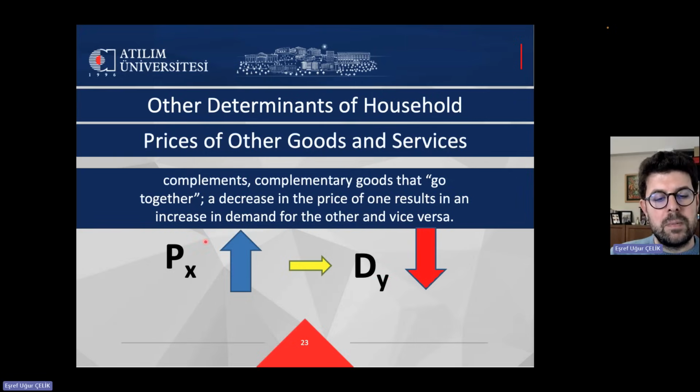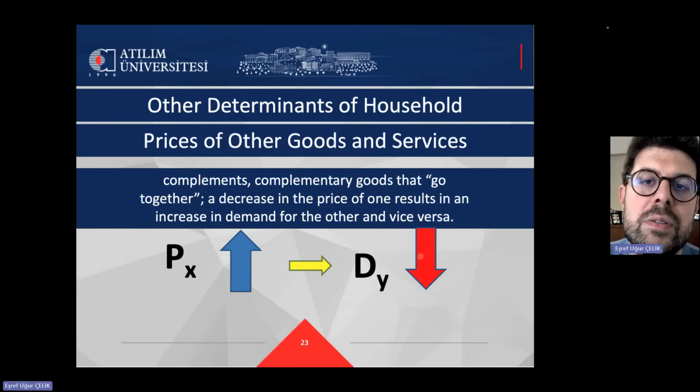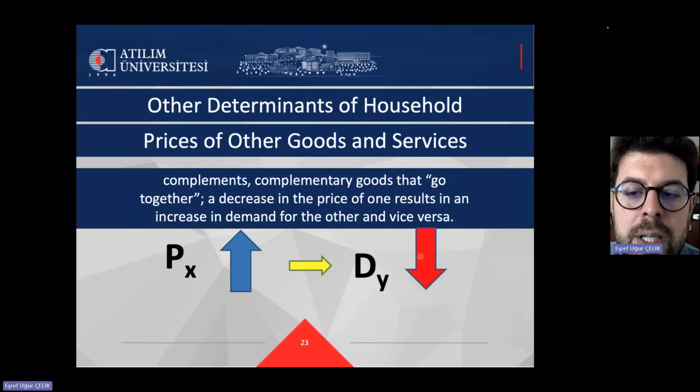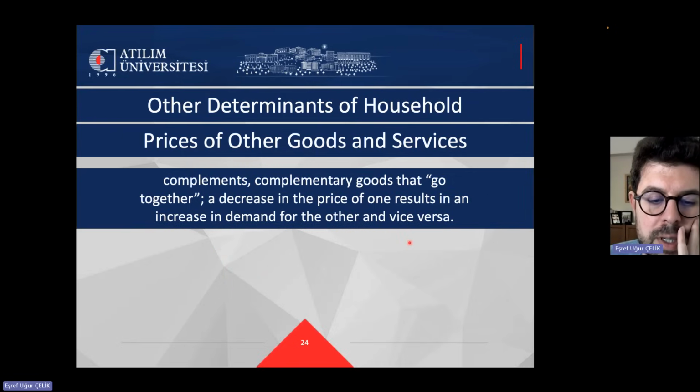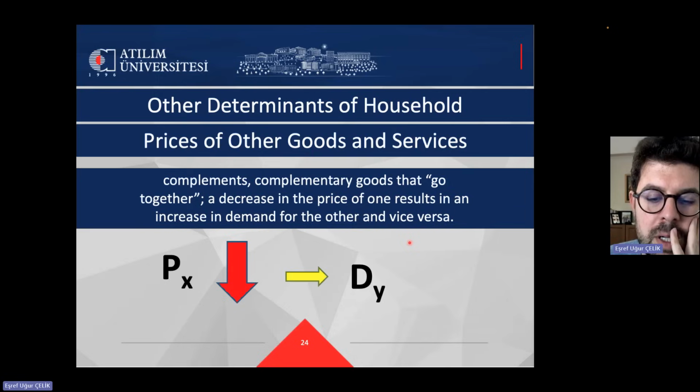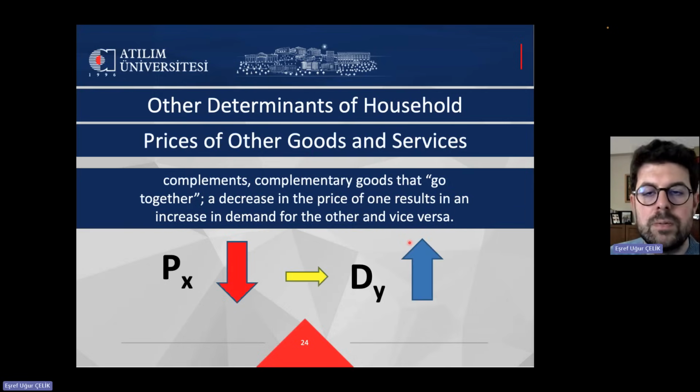So when one of them becomes expensive, you don't use the other one also, because you use them together. And that is also true vice versa. When it becomes cheaper, you demand X and Y also. So the demand for Y becomes higher. So if you see these types of relationship, these types of goods are called complementary.